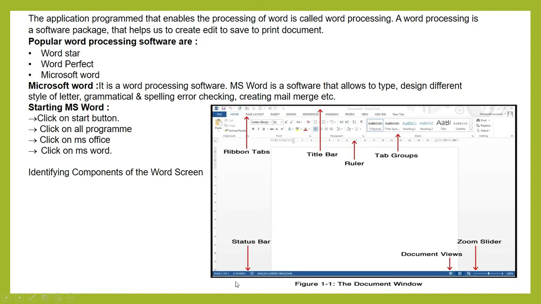How many words there are is also displayed on the status bar. Document views are displayed here too. Then there is the zoom slider, where you can zoom in and zoom out, just like a magnifier.